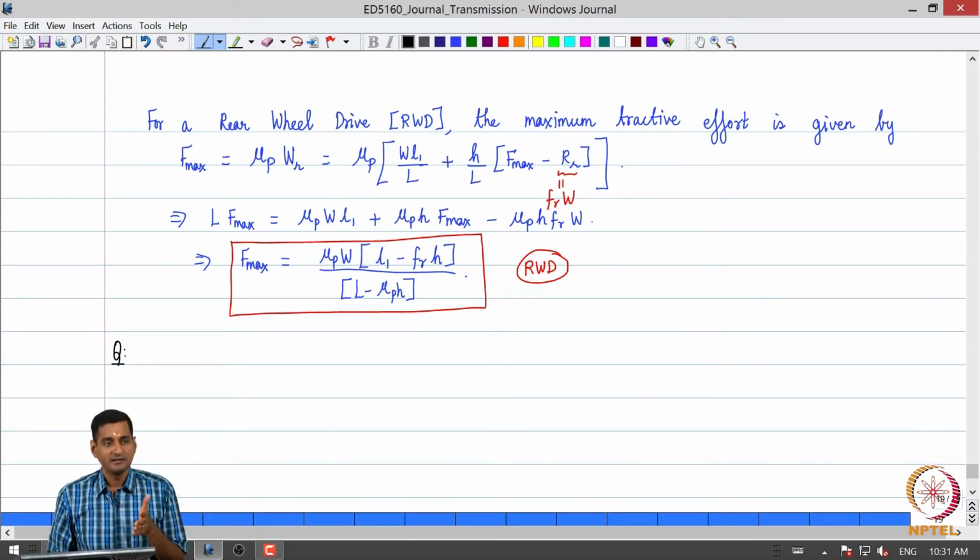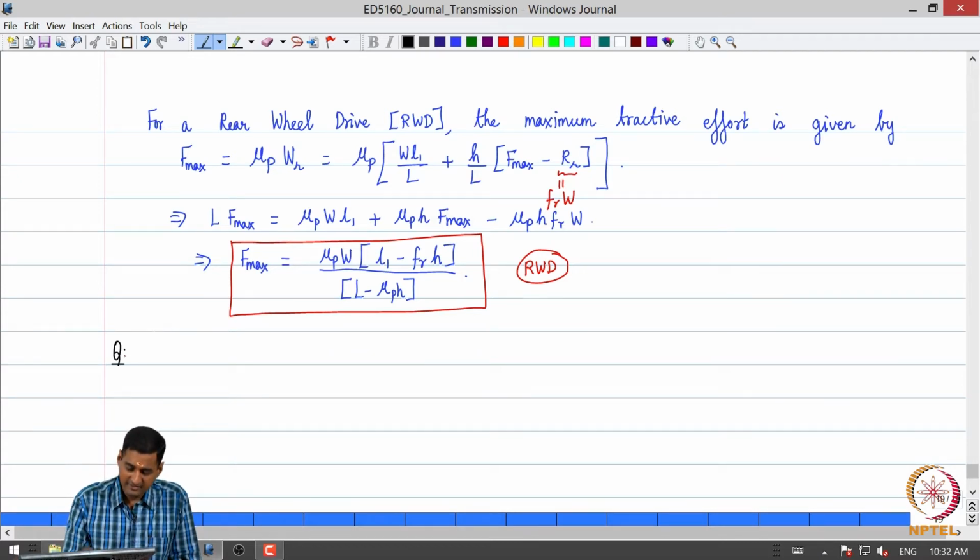This exercise is typically referred to as transmission matching. So, what is the question that we are posing?